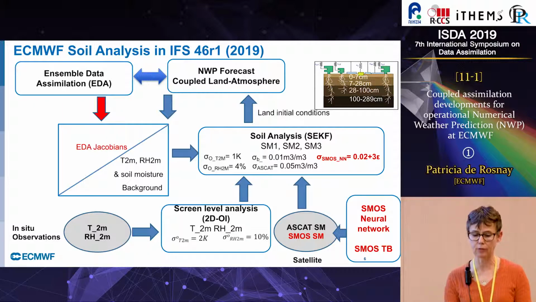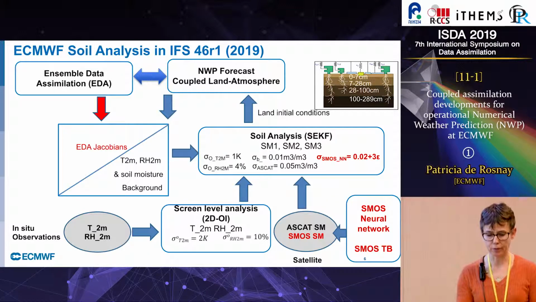You can see on the top right the different levels in our soil model. And the bottom of this slide represents the observations. So we use in situ observations of 2-meter temperature, relative humidity, and from in situ synop data.